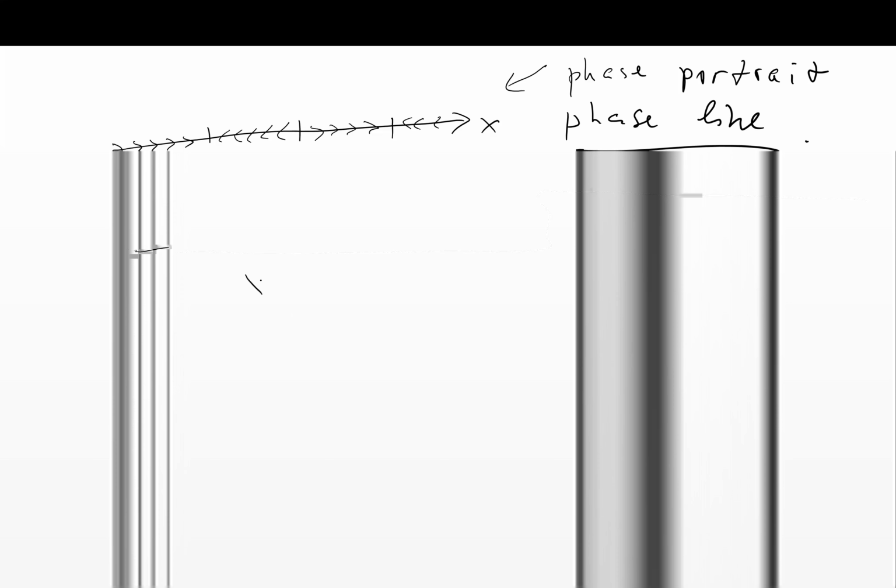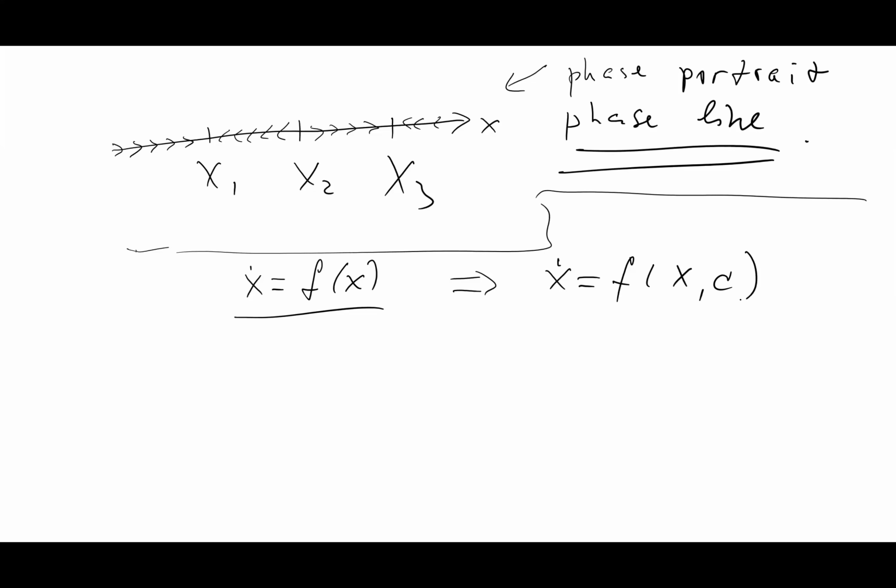So for now we considered this flow x dot equals f of x. And now we go to a more complicated story, x dot equals f of x and c, where c is a parameter.